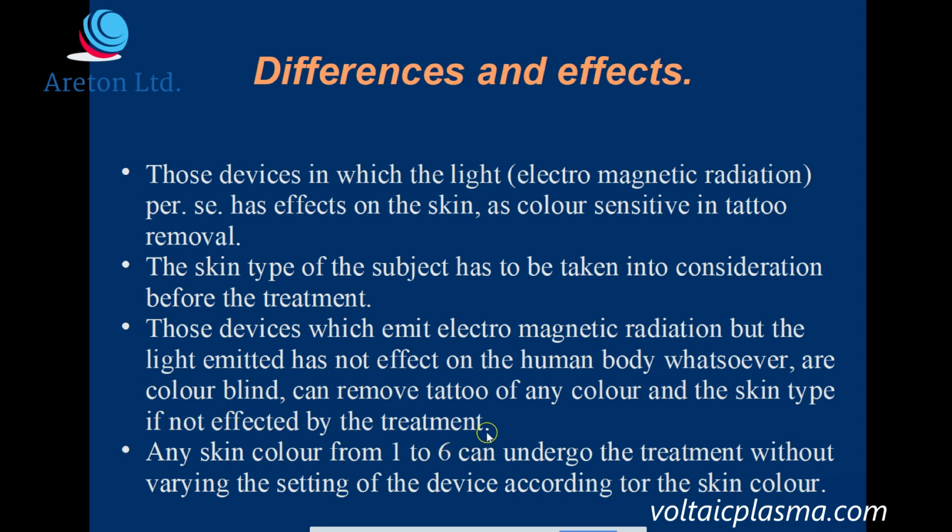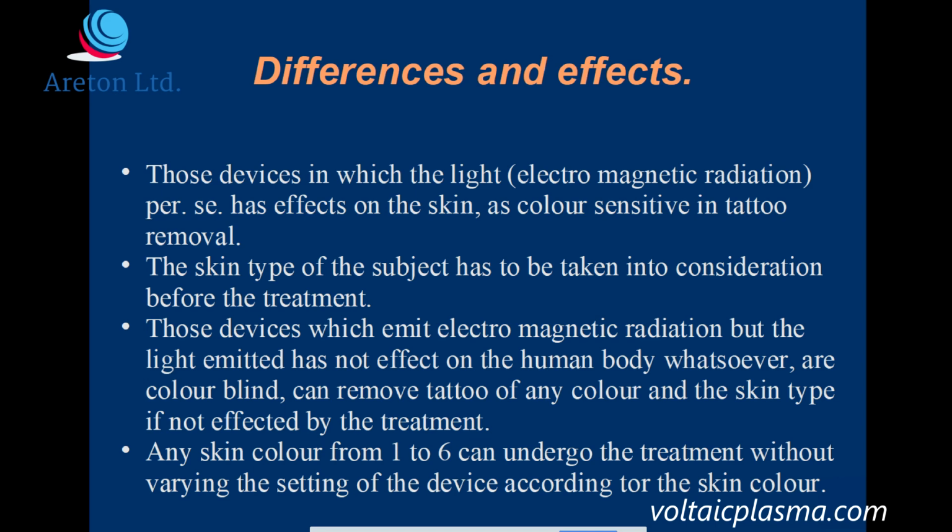What we're saying here is that if you're using electrical arcing devices, or the parent of electrical arcing devices, radio frequency devices, you can use them on any skin type, and you don't change the setting of the unit based on the skin type that you are treating. So you can use setting 1, for example, for skin type 1 till 6. If it's good for skin type 1, it will be good for skin type 6.